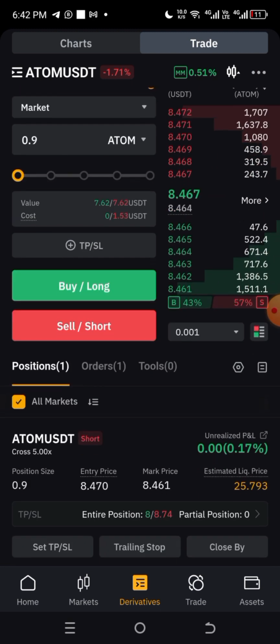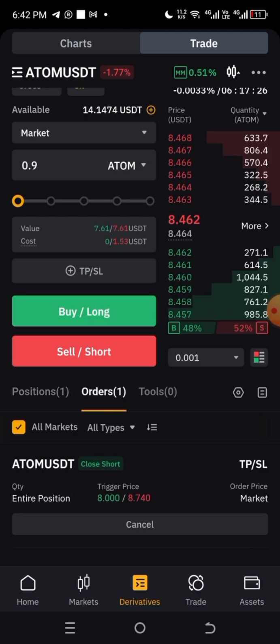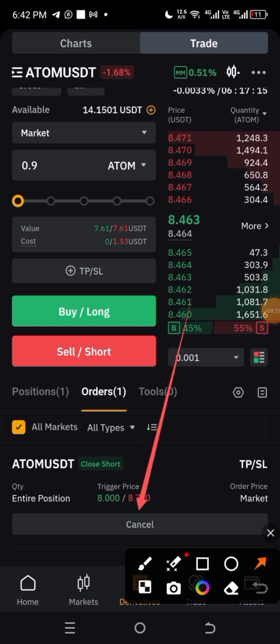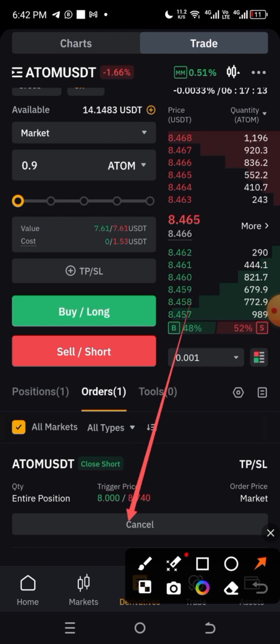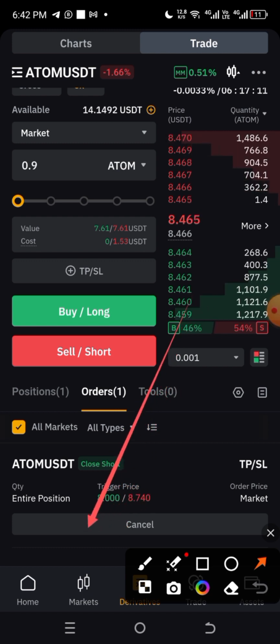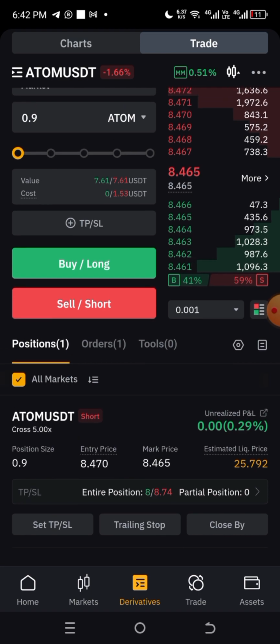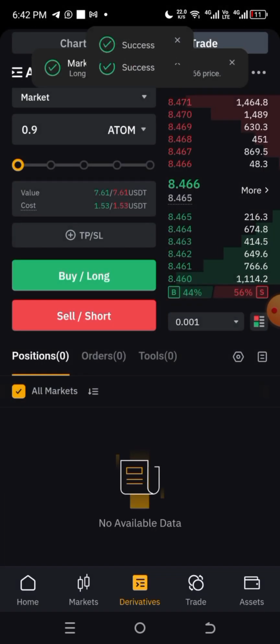If I click on orders now, it's going to show me my take profit and stop loss. You can see it here. Stop loss is 8.740. Take profit is 8.000. So I want to close this right now. I want to close everything.